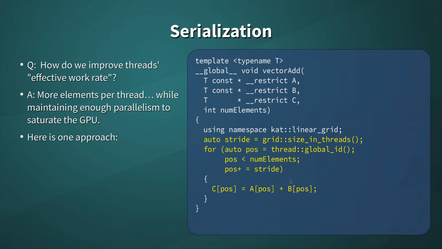So suppose the grid has 100 blocks of 100 threads, which is not a good size. That means that the size of the entire grid is 10,000 threads, and that means that the thread with global index 1 will first process position 1, and then it will process position 10,001, and then 20,001, until it exceeds the size of the input.